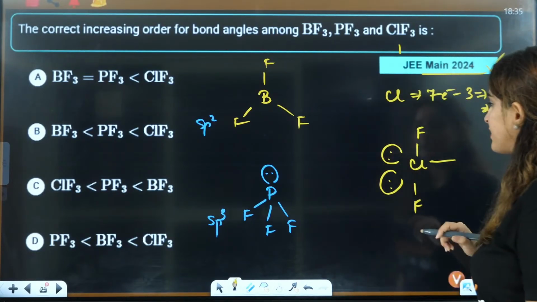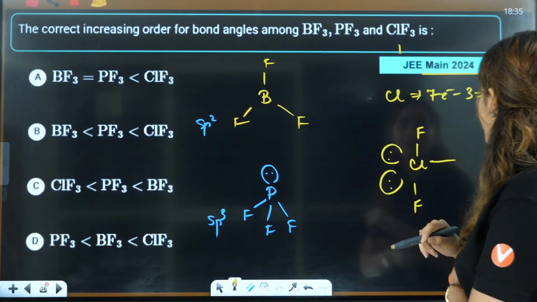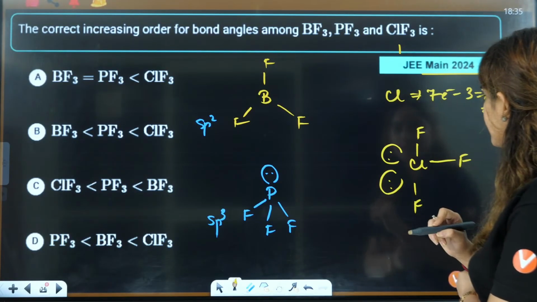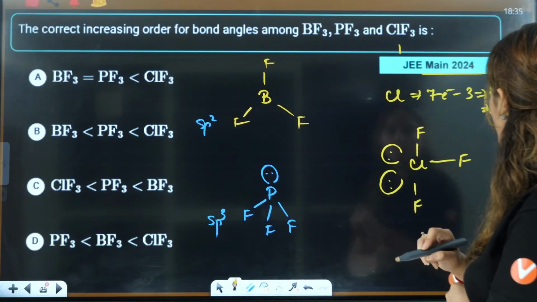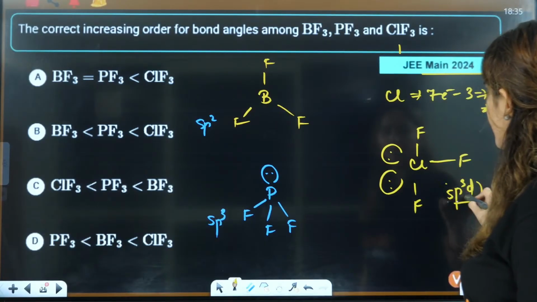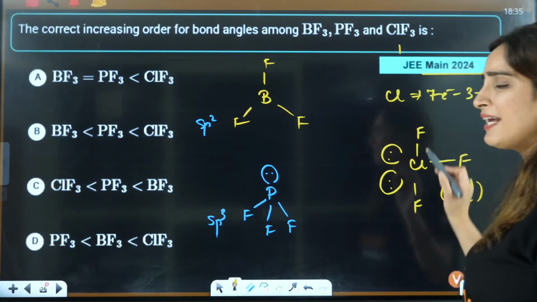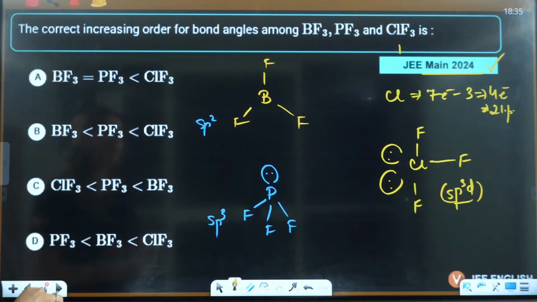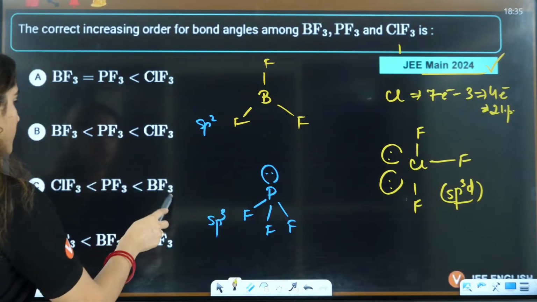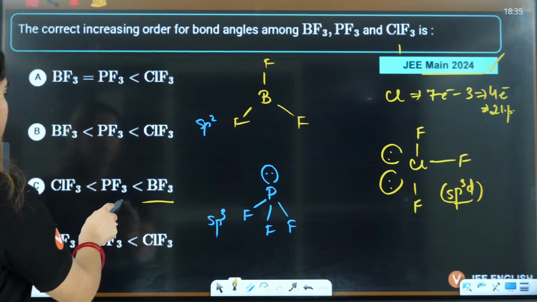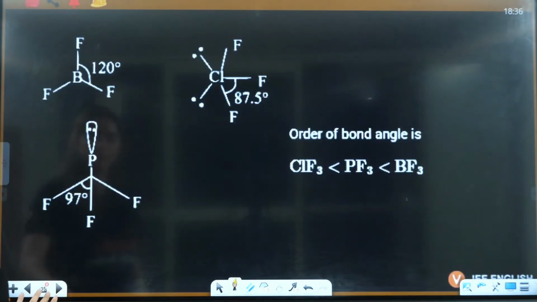So this is F and F, and F, with 2 lone pairs. So it will be sp3d, which has angles of both 120 and 90 degrees, right? So you can say the maximum bond angle is in BF3, then it is 109 in PF3, then it is ClF3.